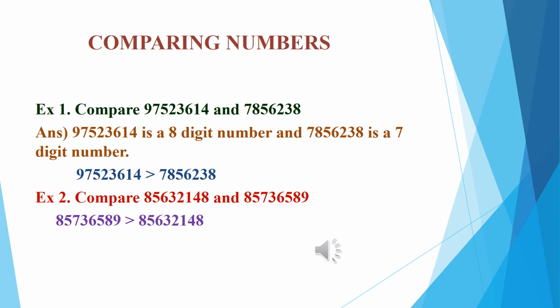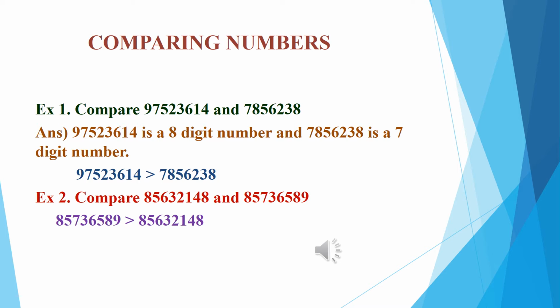The first digit in both the numbers is 8. Since both the numbers have same first digit, we will compare the second digit. The second digit in the first number is 5 and the second digit in the second number is also 5. Since the numbers have same second digit, we will compare the third digit.